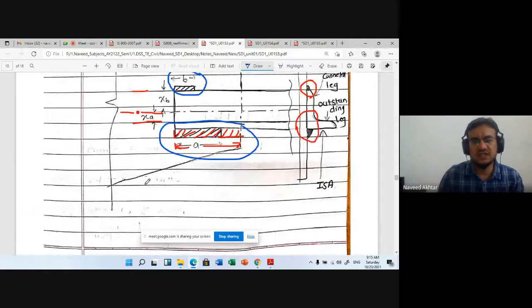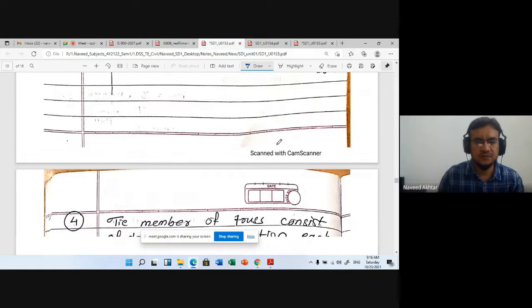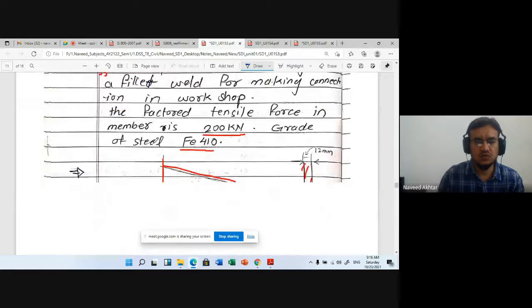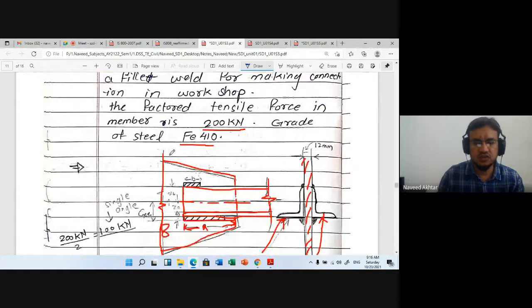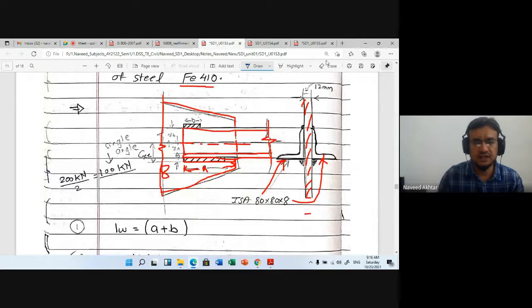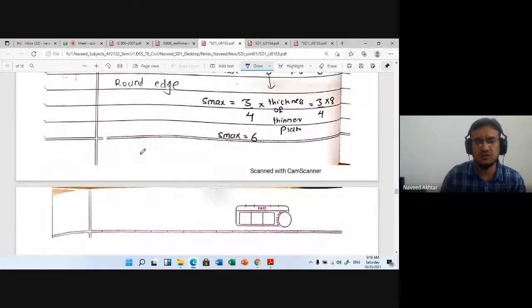Because if an angle section is there, then there is an outstanding leg, and the CG is near to the outstanding leg. That's why the length of weld required at that leg is large, because the load transfer near that portion is large. So that is how to find out the length of weld in case of this angle section.